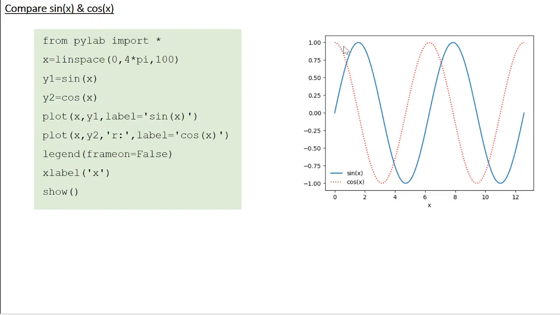So basically there is a phase difference of pi by 2. The cosine function is pi by 2 ahead of the sine function. That's why sine of pi by 2 plus x is cos x. So visually it makes more sense. So that's why we plot graphs to understand their behavior in a better fashion.